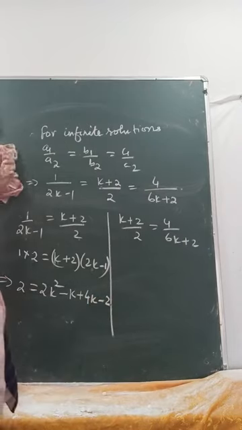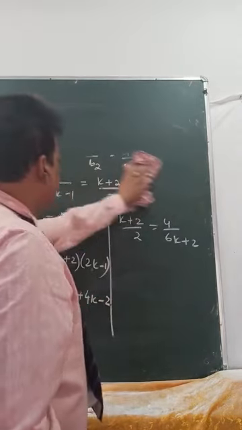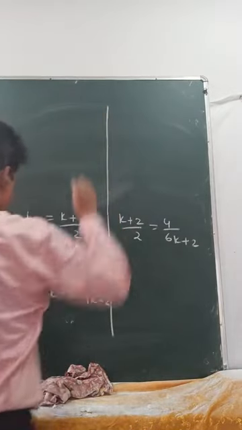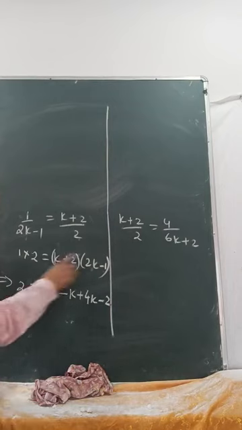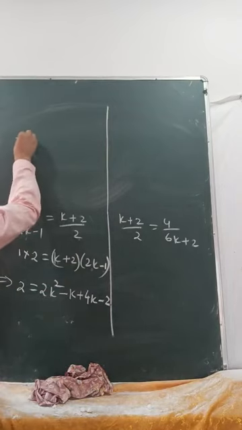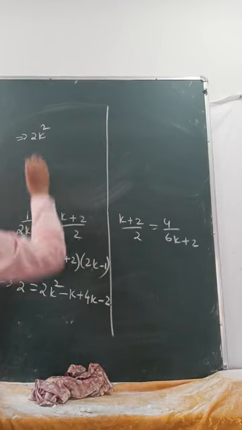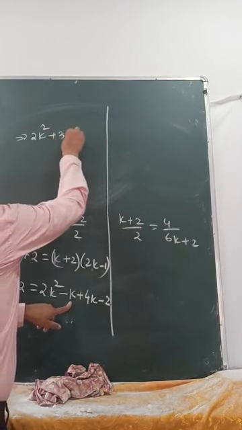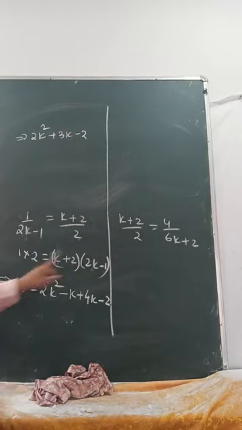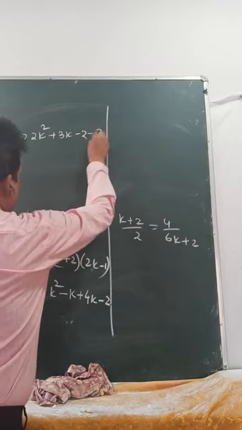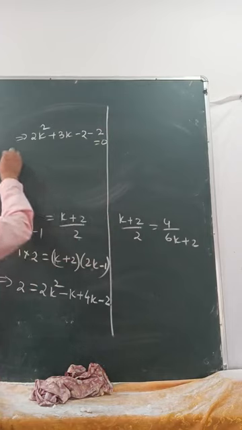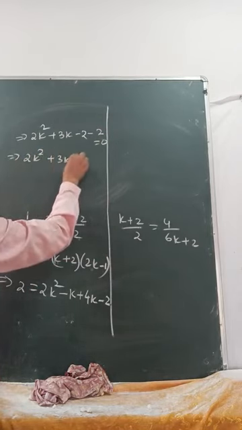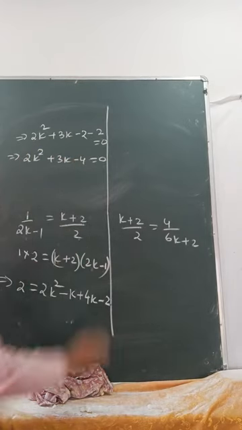Okay, let's simplify. This number you take that side: 2k squared, 4k minus k is 3k, minus 2, this goes that side, minus 2 equals 0, meaning 2k squared + 3k - 4 = 0.